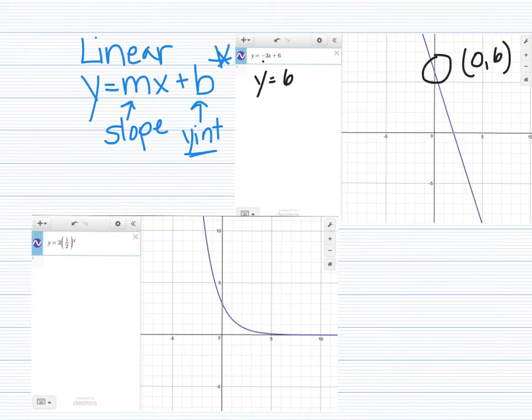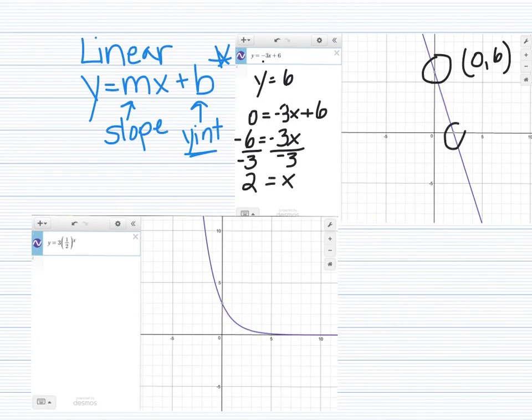We could also find the x-intercept by setting y equal to 0 and solving. 0 equals negative 3x plus 6. Subtract 6, divide by negative 3, and x equals 2. How does that check out? Right there.